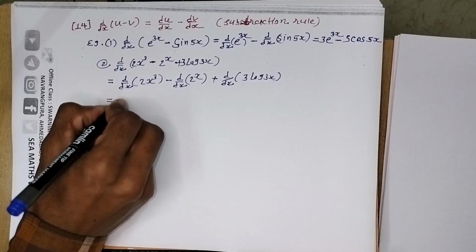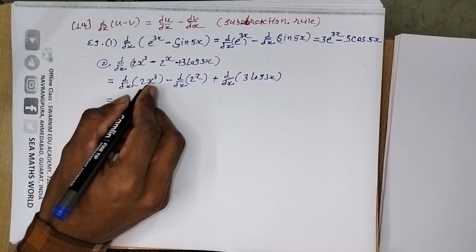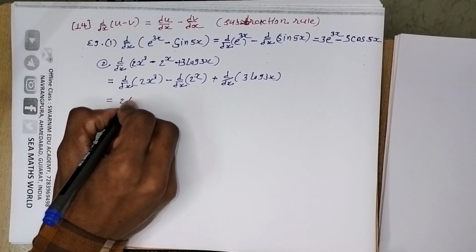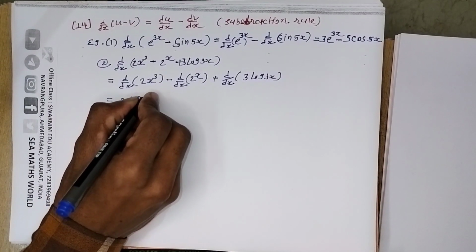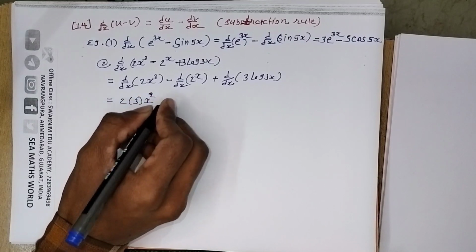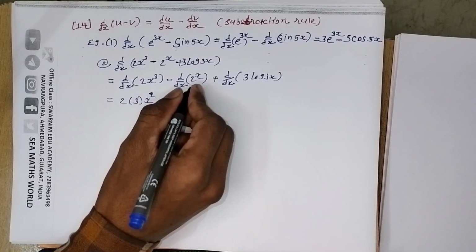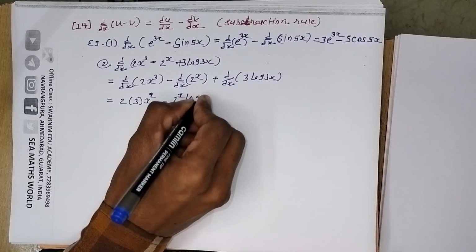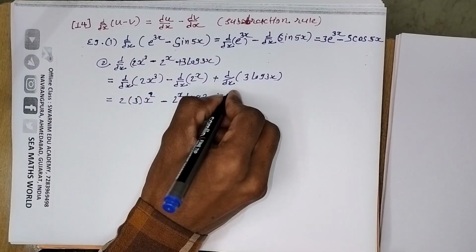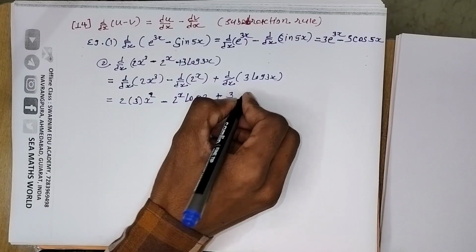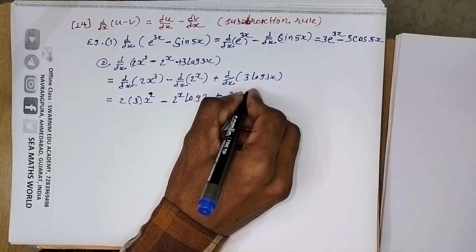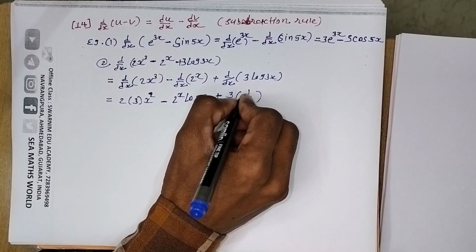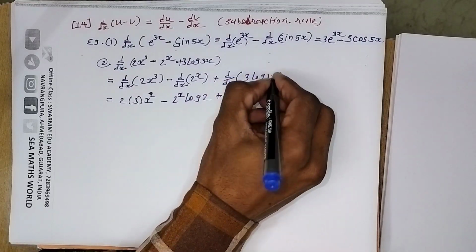Here 2 as it is, it's a constant. X cube differentiation, 3 will come forward, reduced by power 1, so that will be x square. Differentiation of 2 raised to x is 2 raised to x, apply the log to the base 2. 3 as it is, the differentiation of log 3x is 1 upon 3x, then differentiate the log term into numerator.